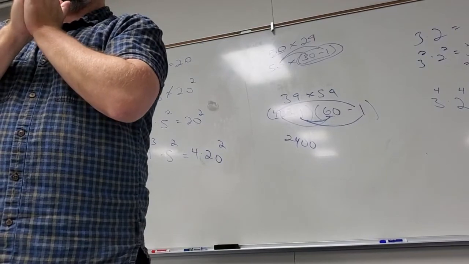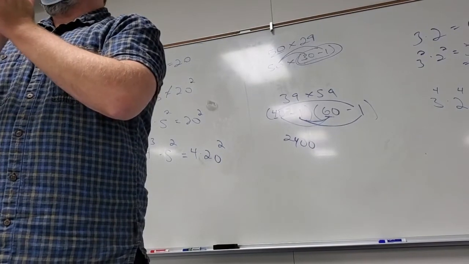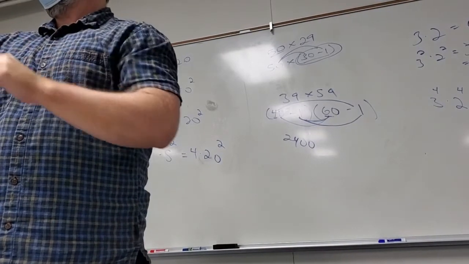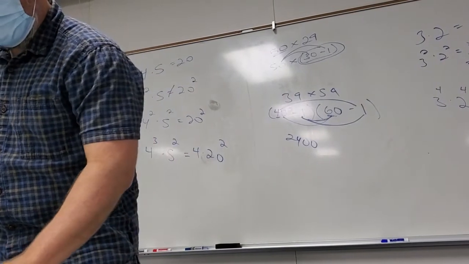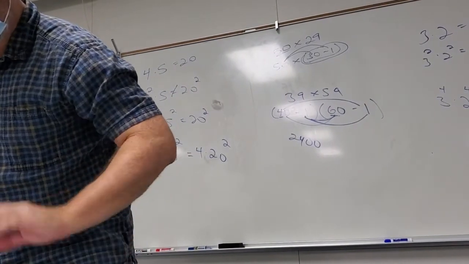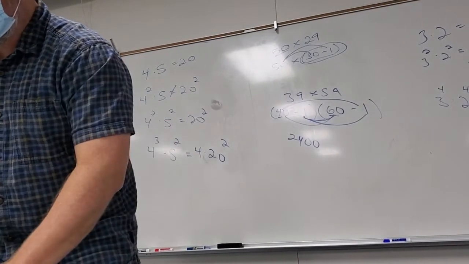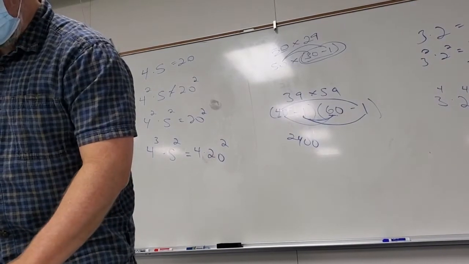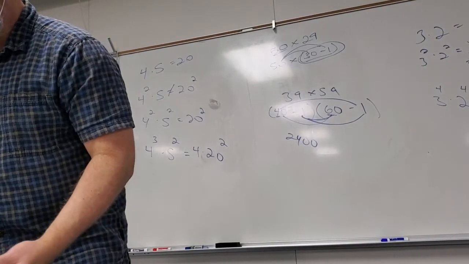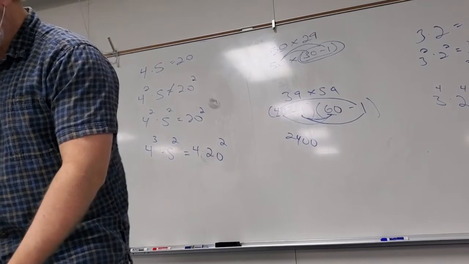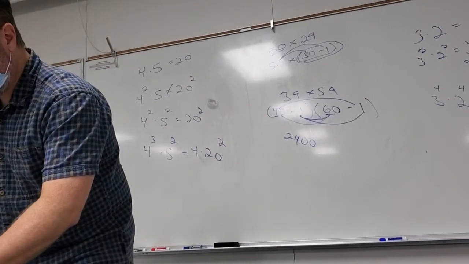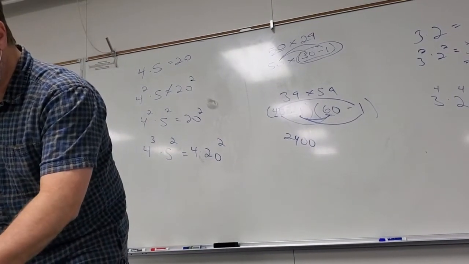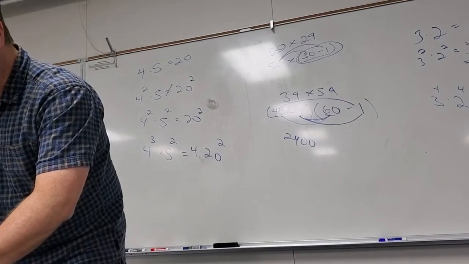Anything else from homework or left over from the test? Yes, 5.2 A24. Let's see. Did we talk about this one? No. Oh yeah, we did talk about this one.